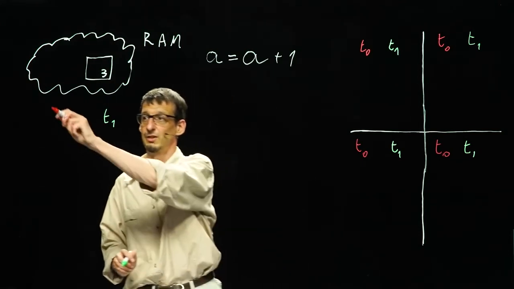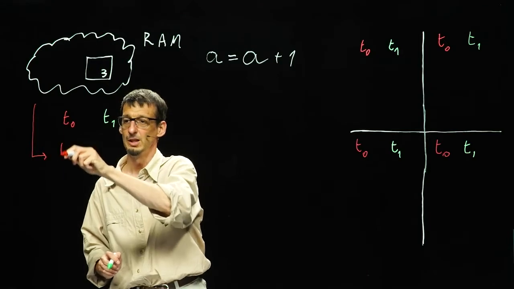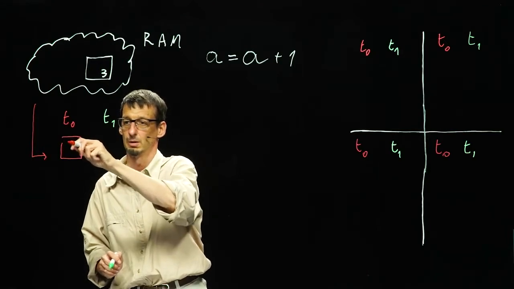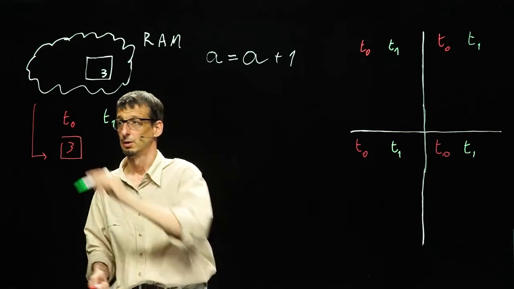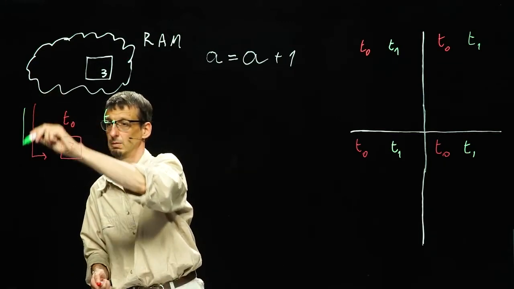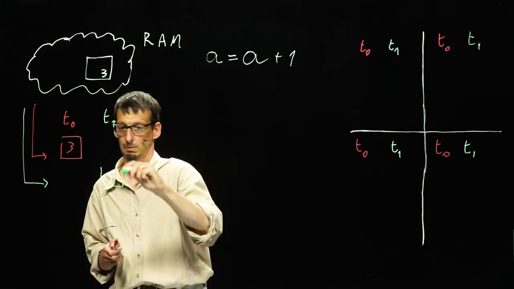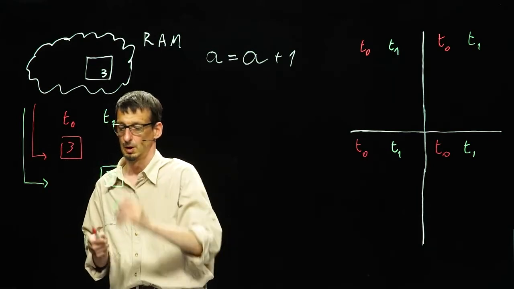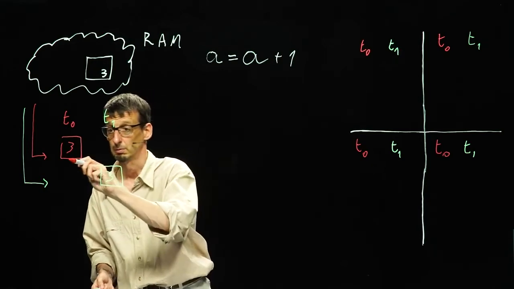So T0 loads the value from memory into a register. Okay? T1 does the exact same thing. Meanwhile, T0 is updating that value.